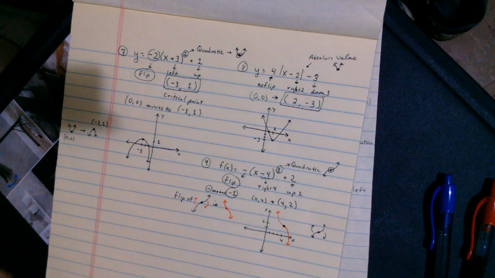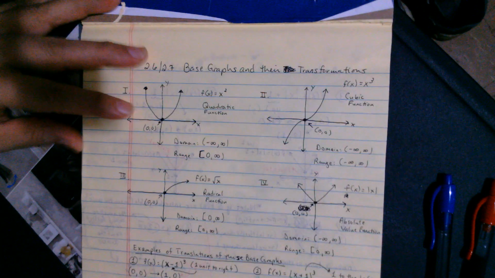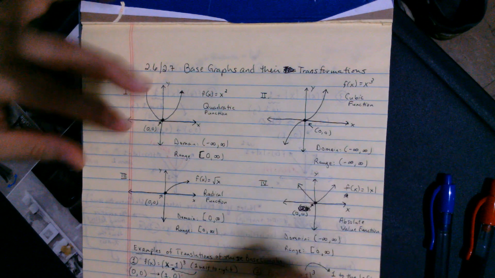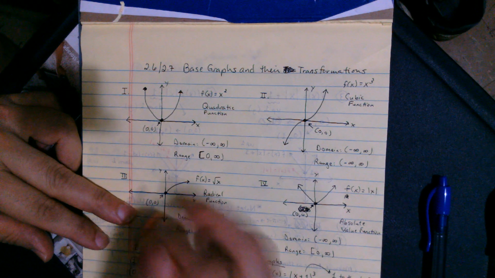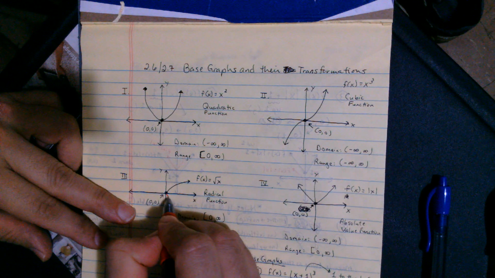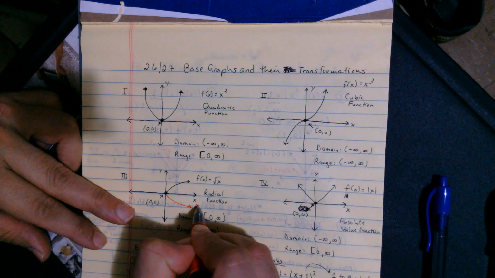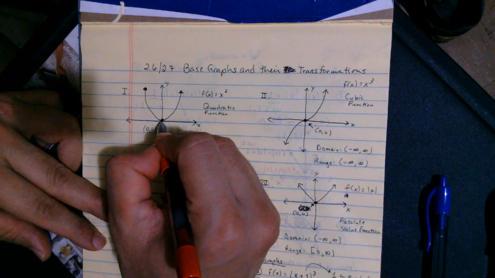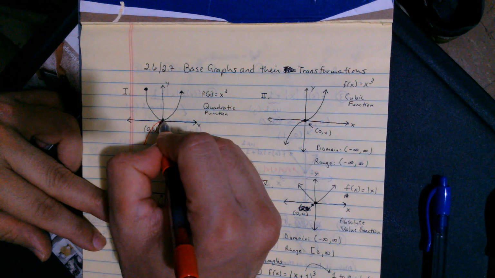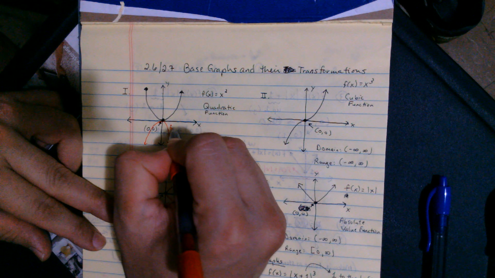And I hope this explains more. I'm going to go back to the original 4 graphs really fast. And I'm going to show you here in red. This means flip. This means flip.